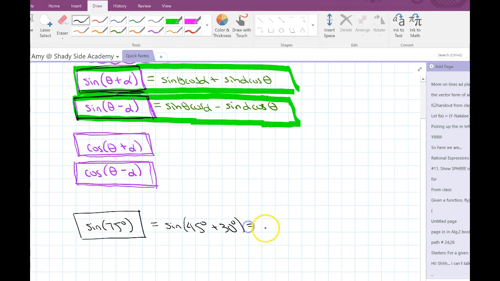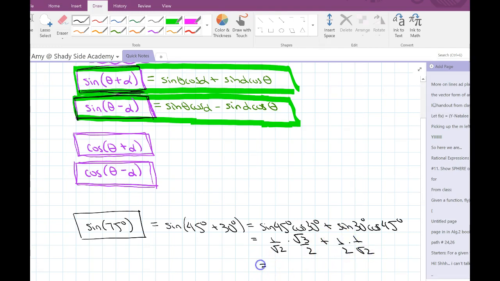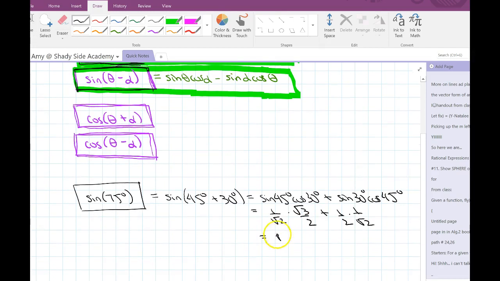This then allows me to use this identity, which then allows me to do this. And at the end of the day, I have the sine of 75 degrees equal to radical 3 plus 1 all over 2 root 2.